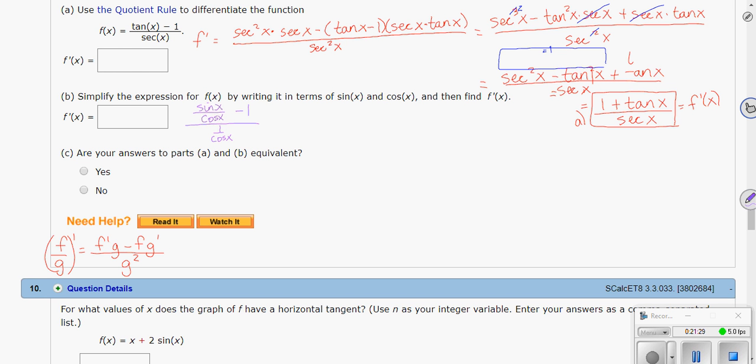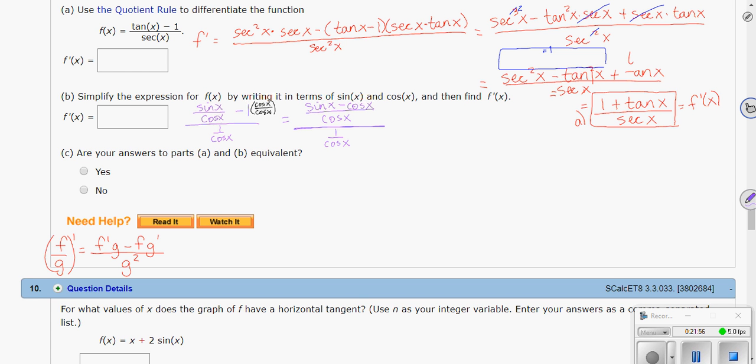So I'm going to multiply the 1 here by cosine x over cosine x. So what that's going to do for me is I'm going to have sine x minus cosine x all over cosine x. And then my big fat fraction bar, I've still got 1 over cosine x.